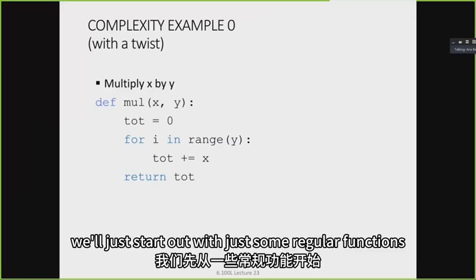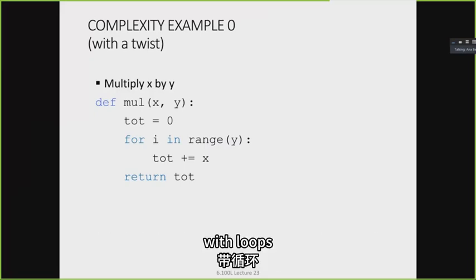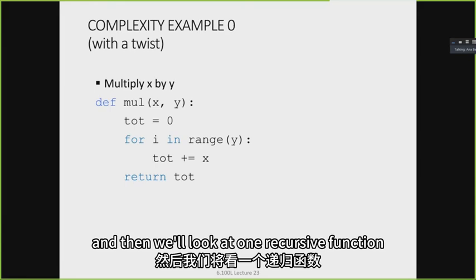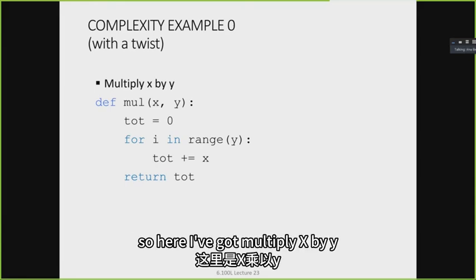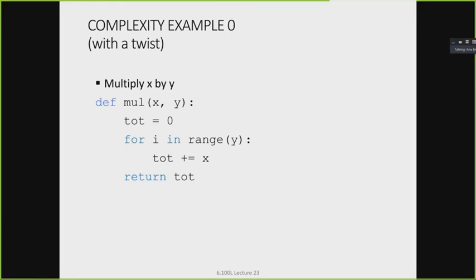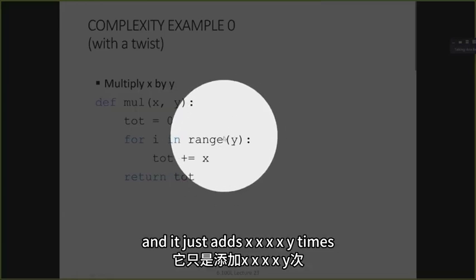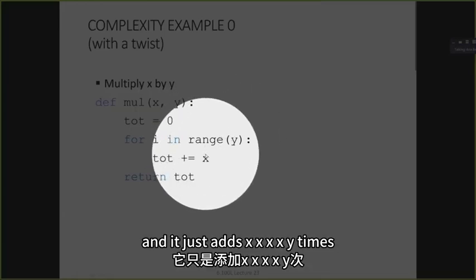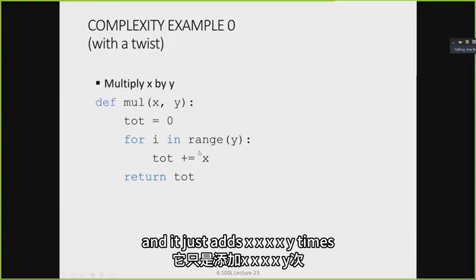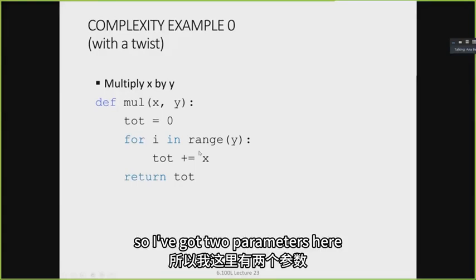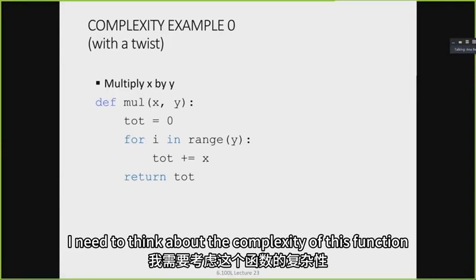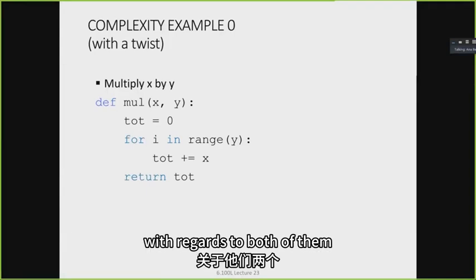First, we'll just start out with some regular functions with loops, and then we'll look at one recursive function. So here, I've got multiply x by y. It loops through range y, and it just adds x plus x plus x plus x, y times. So I've got two parameters here, so I need to think about the complexity of this function with regards to both of them.